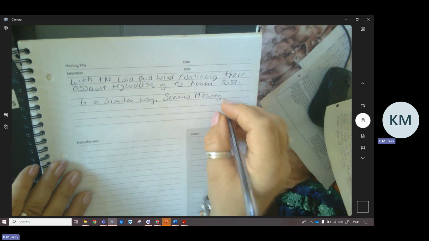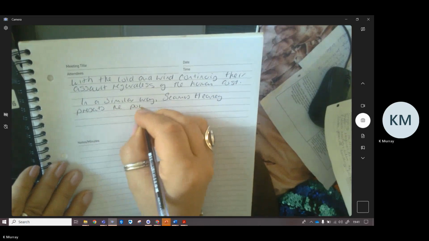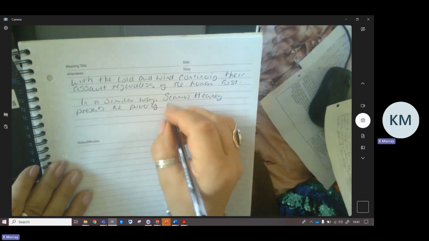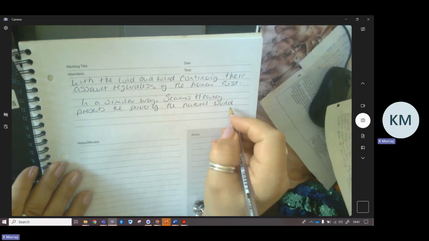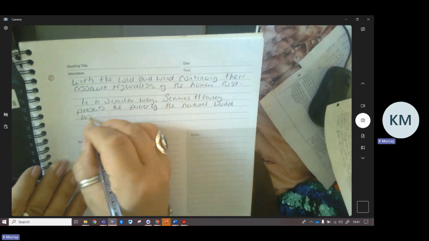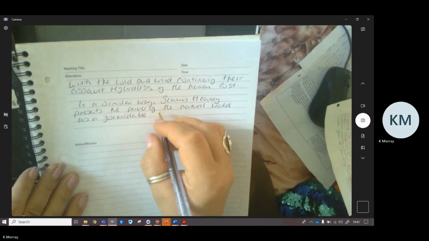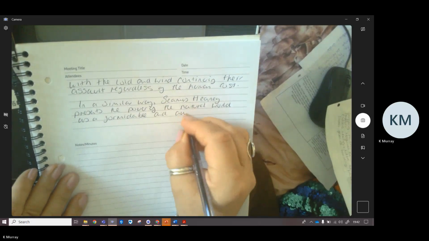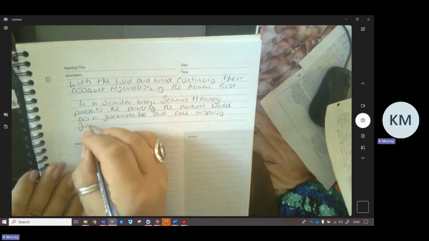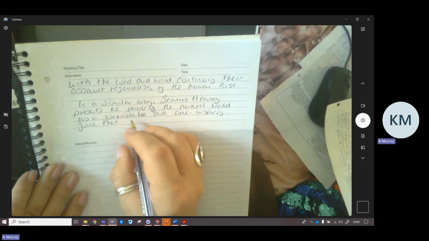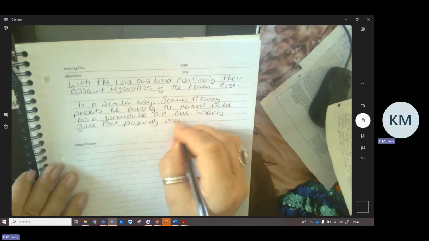So Seamus Heaney presents the power of the natural world. And again, I'm using the phrasing of the question where it called it the natural world as a formidable and awe-inspiring force that profoundly impacts human life.